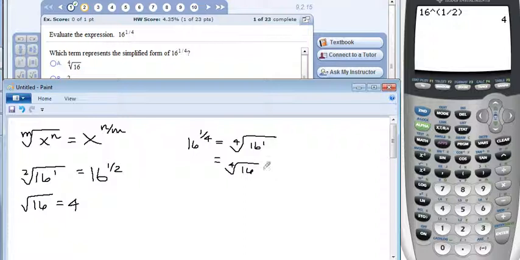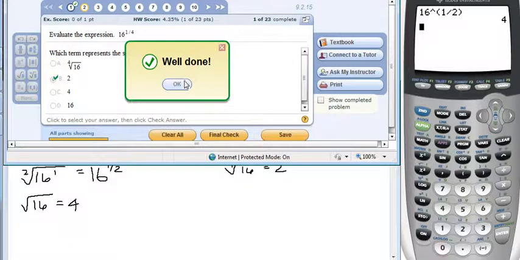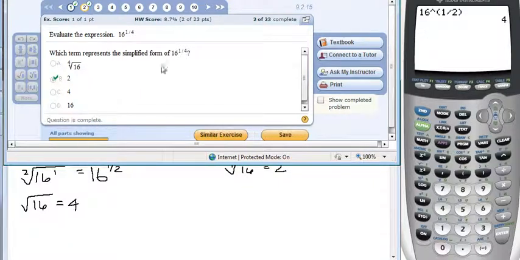The 4th root of 16 is, I think, 2. 2 times 2 times 2 times 2. Okay? So even though this is correct as far as these are the same, it's not the most simplified form. So when it says the simplified form, it's the most simplified that you can get. So that would be the 2. Okay? So don't fall into that trap.